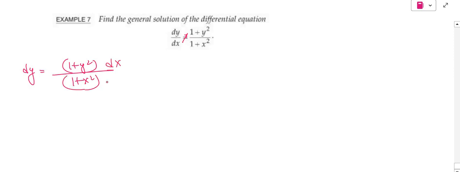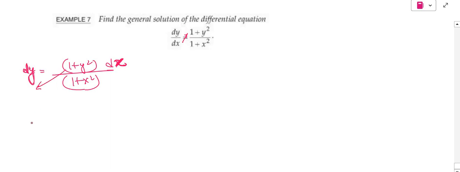So see, this is dy. So if I take this side, what we will get, dy is equal to 1 plus y square by 1 plus x square dx. But in variable separable, what should we do? All the x terms with dx and all the y terms with dy.